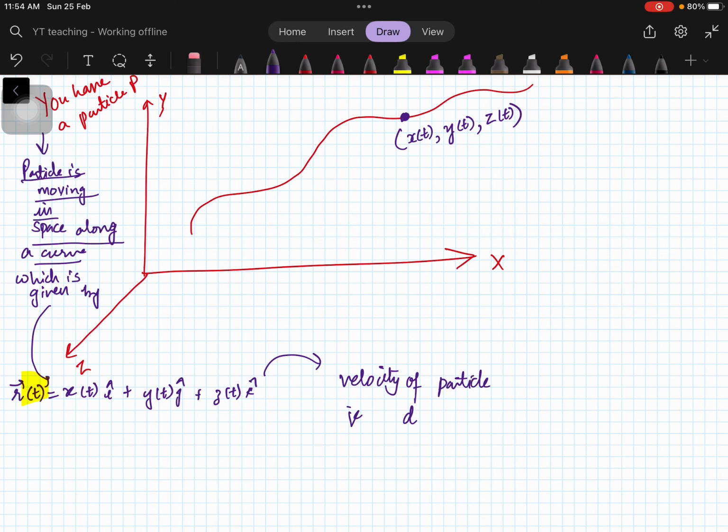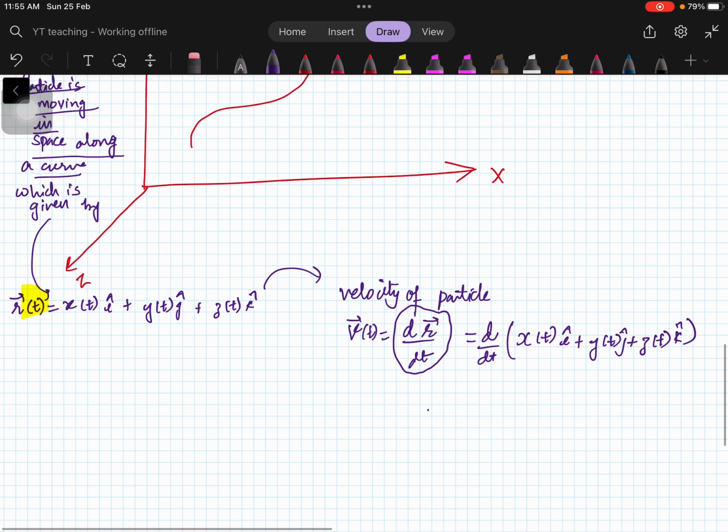Okay, now if I ask you what is the velocity of this particle, we know that velocity is again a vector which is the rate of change of the position vector. That is how we define velocity, because at whatever rate the particle is changing its position, that is my velocity. So that is nothing but rate of change of the position vector, which is x(t) i cap plus y(t) j cap plus z(t) k cap, right?